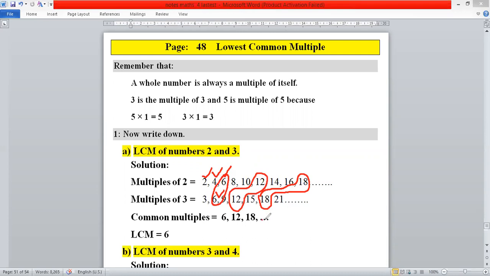It means there are many more common multiples. So we will only choose 2 or 3 common multiples, and after that, for lowest common multiple, we will choose the first common multiple. Here the first common multiple is 6, so we will write here 6. Therefore the lowest common multiple of 2 and 3 is 6.